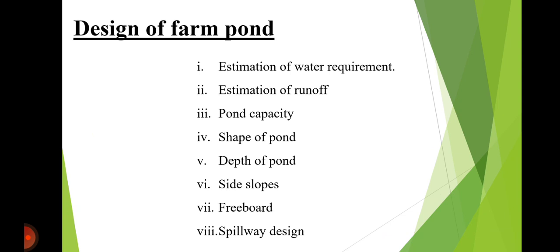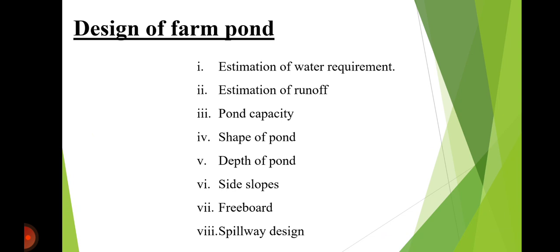The next is estimation of water requirement. First was the estimation of the runoff water. The next is the estimation of water requirements. Storage requirement is estimated from crop water needs. The water required is estimated from the storage of the water.